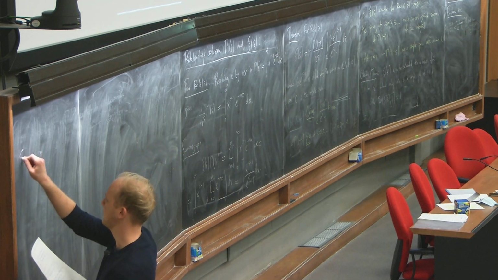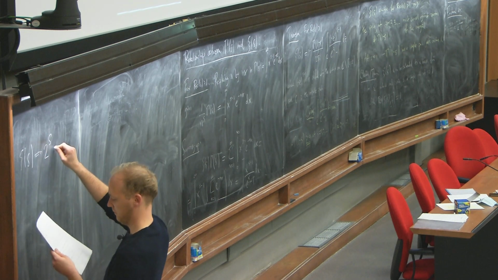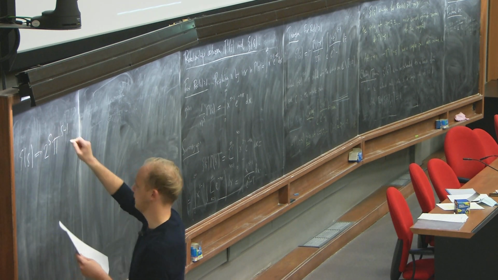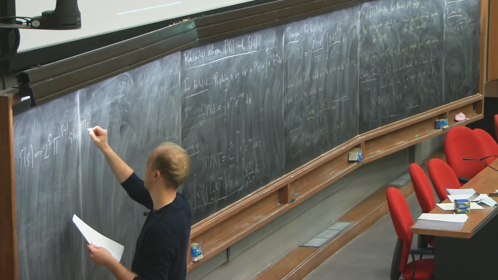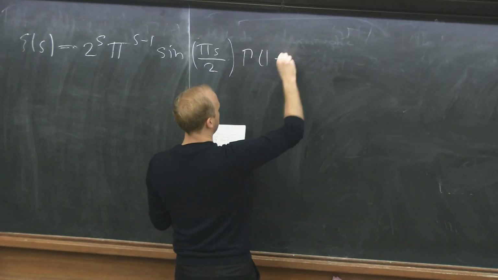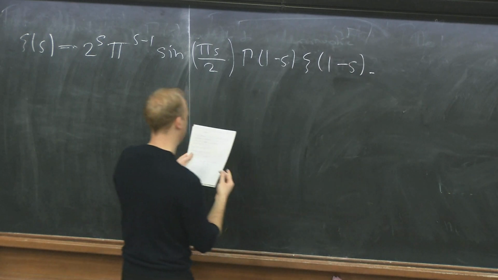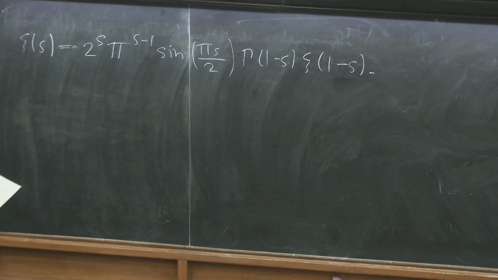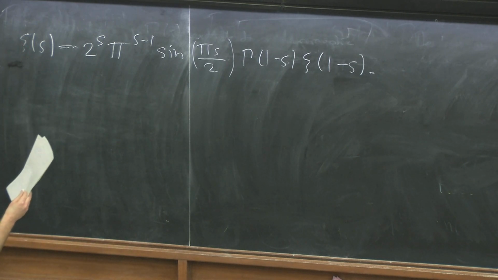Okay, so the functional equation says that zeta of s is equal to 2 to the power s, pi to the s minus 1, sine of pi s divided by 2, times gamma of 1 minus s, zeta of 1 minus s.